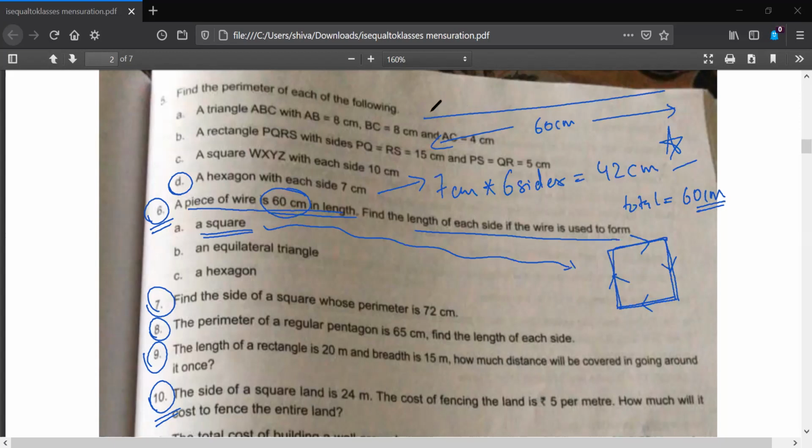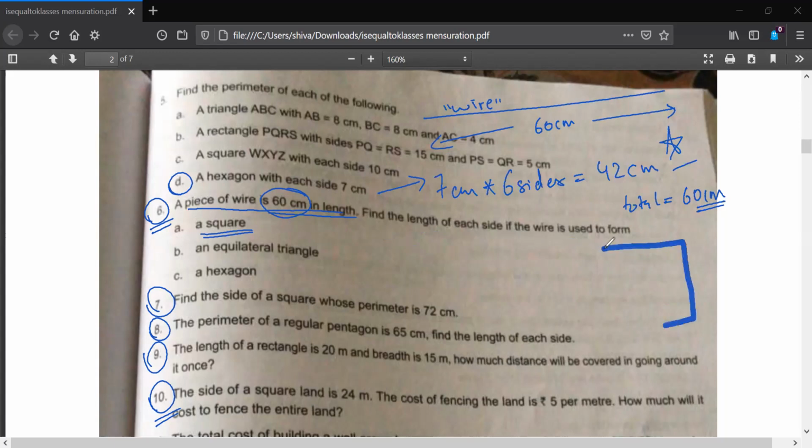So using this whole wire, which is 60 centimeter in length, I am making this square. How do I make this square? I bend it like this.